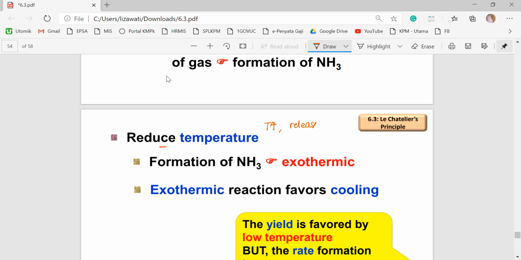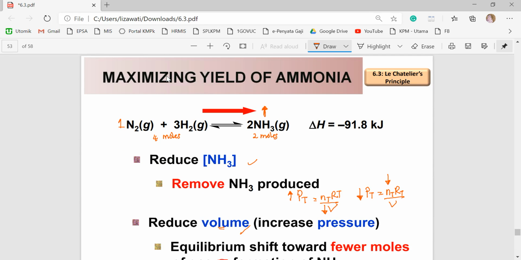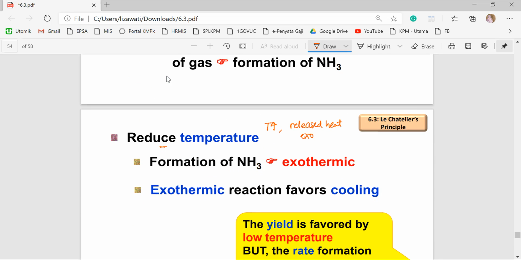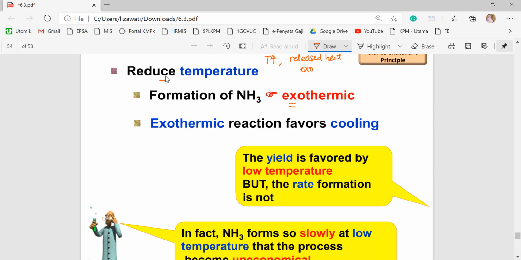So it will favor the exothermic direction. Referring back to this equation, the negative value means the forward reaction is exothermic and the reverse is endothermic. That's why it shifts to the right, favoring exothermic. An exothermic reaction favors cooling. So the yield is favored by lower temperature, but the rate of formation is not.